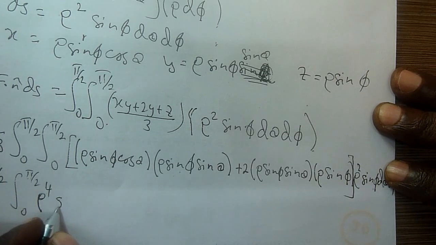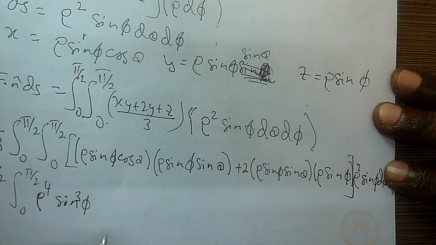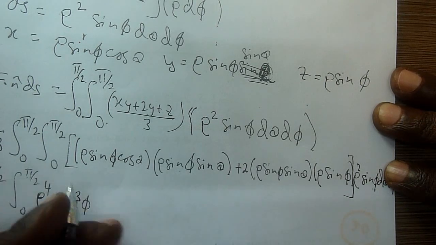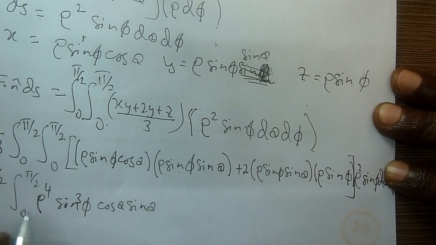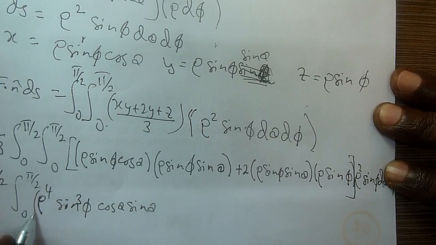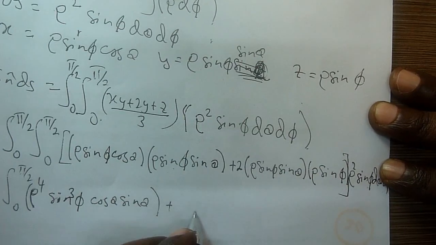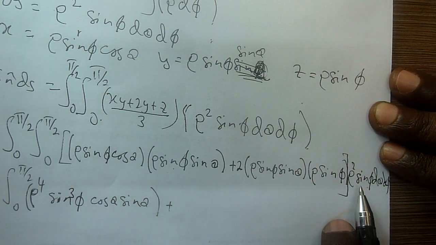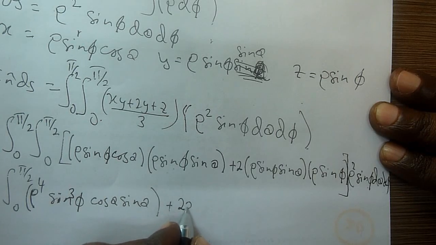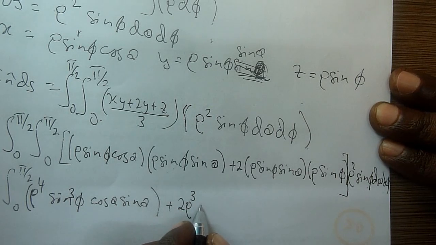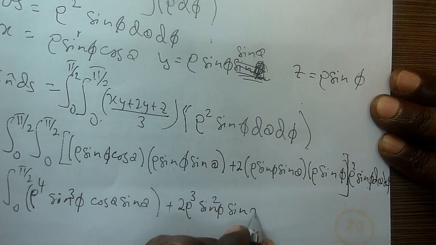You get here sine phi 3, and you get this as cos theta sine theta. We have done the first portion, right? Okay, the second one: 2 rho 3 sine phi 2 sine theta.